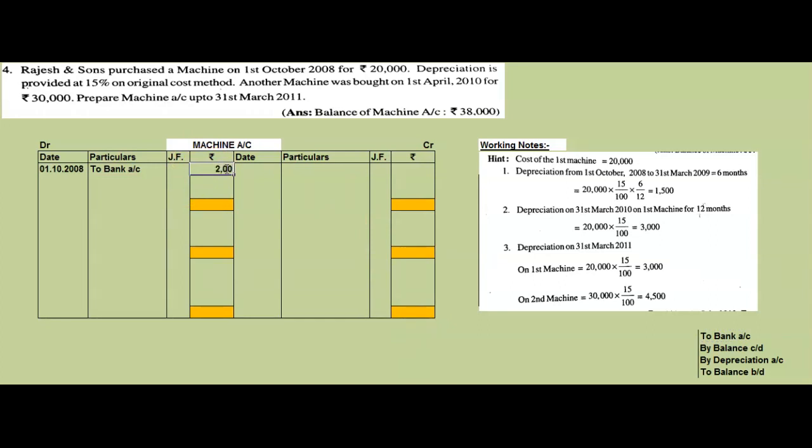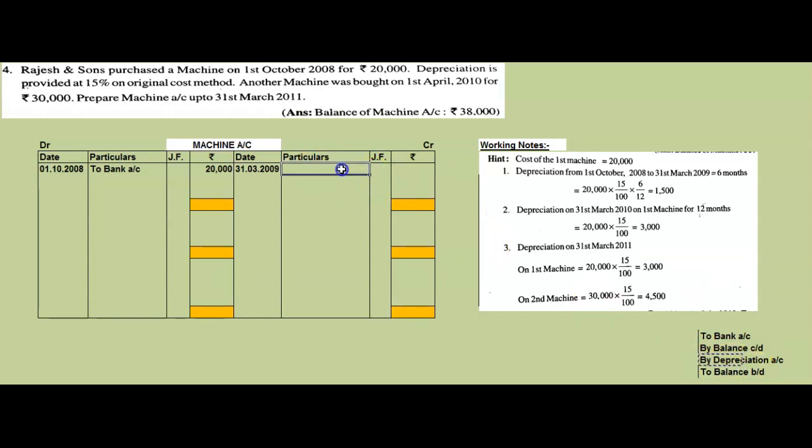Rupees 20,000. So for 20,000 we have purchased the machine. Now what is the next step? At the year end, 31st March 2009, we have to take depreciation.